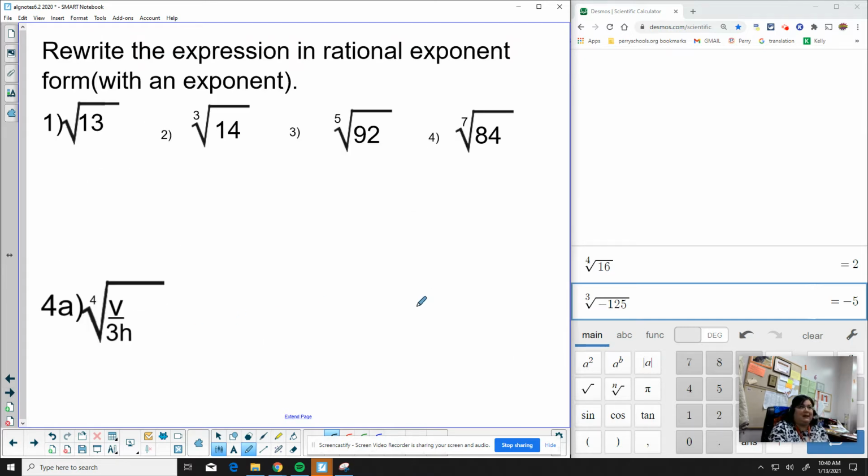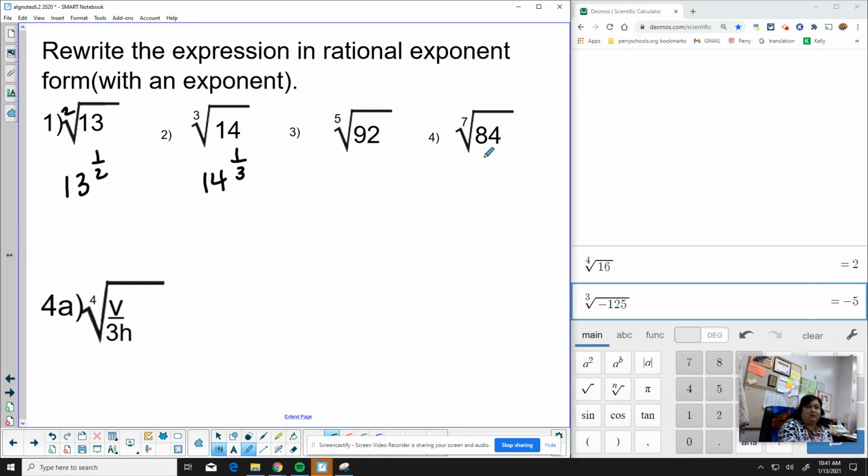Okay, it says write the expression in rational exponent form. What rational exponent form means is with an exponent. So the square root of 13, remember the index is 2, would be 13 to the 1/2 power. And the next one would be 14 to the 1/3 power. So the index becomes the denominator in the fraction.